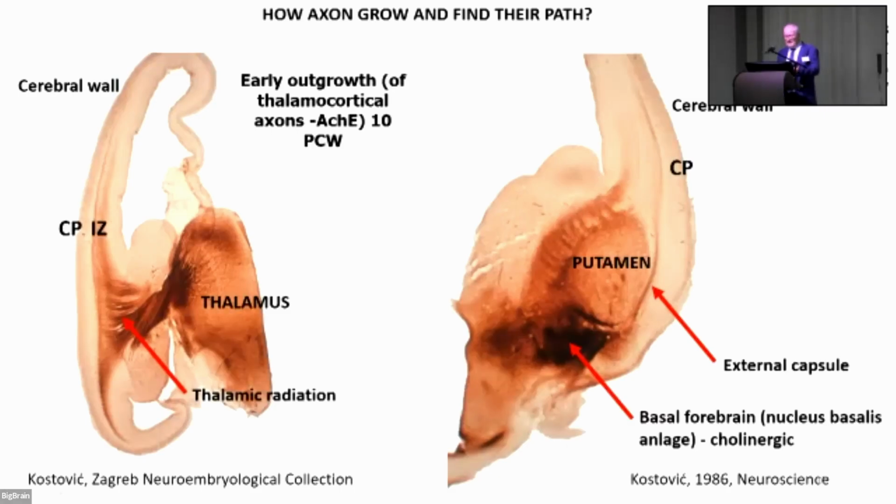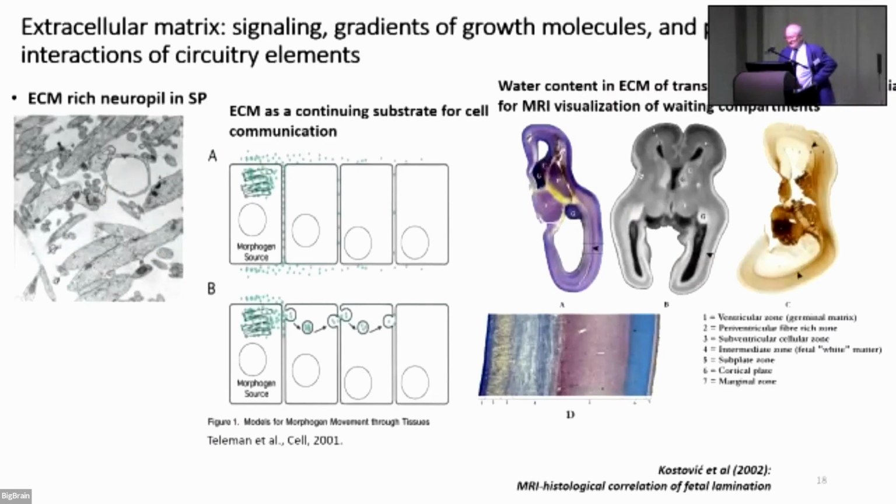So this picture looks like something artificial, but it's a real thing. So you can see how wiring is formed in fetal life from these major projection subcortical nuclei, thalamus and nucleus basalis.